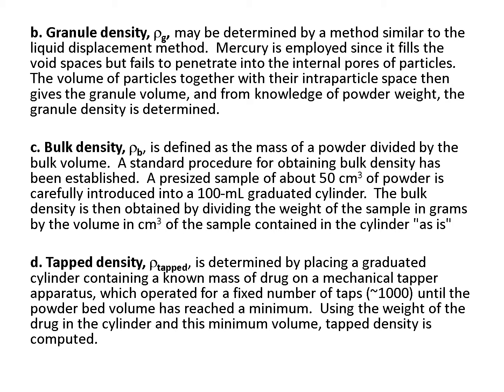Of course it will be less than the bulk volume, because during tapping there is a rearrangement of the voidage. The intervoids will be less than that available in the bulk volume, but it will be there.